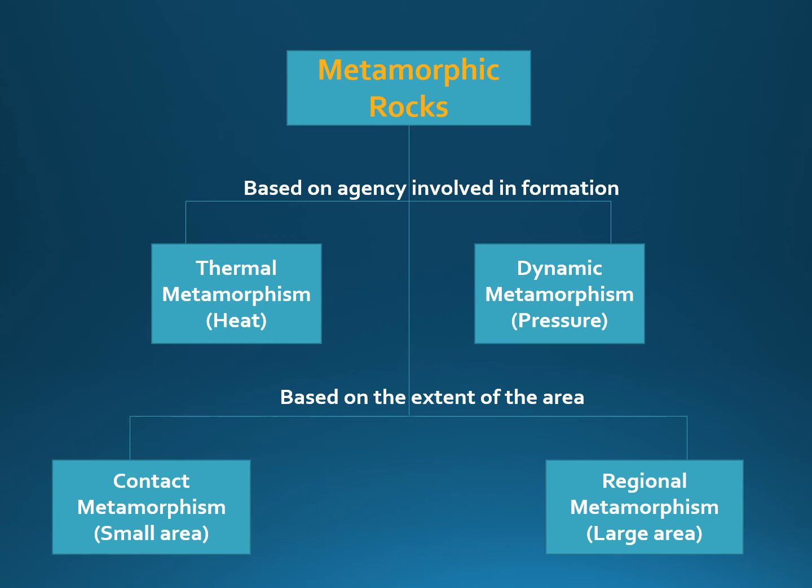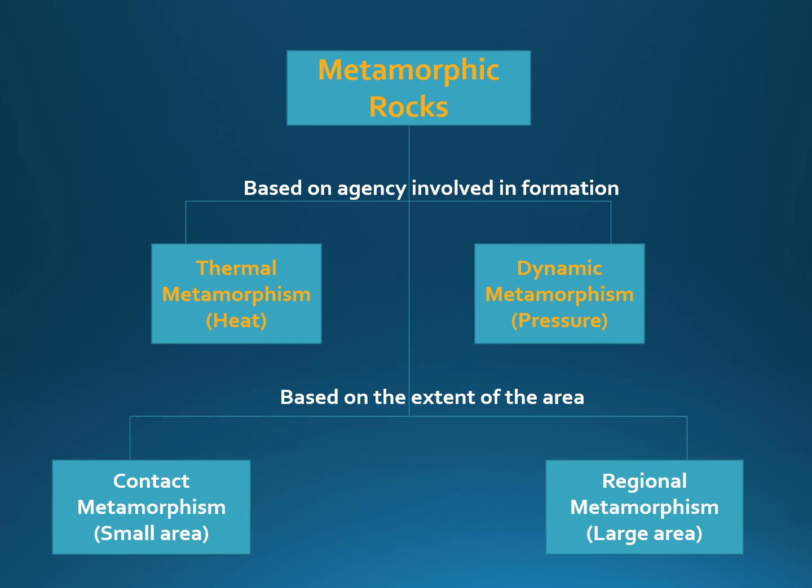They are thermal metamorphism. This type of change takes place under the influence of very high temperature and the agent is heat. And dynamic metamorphism. This type of change takes place under immense pressure.